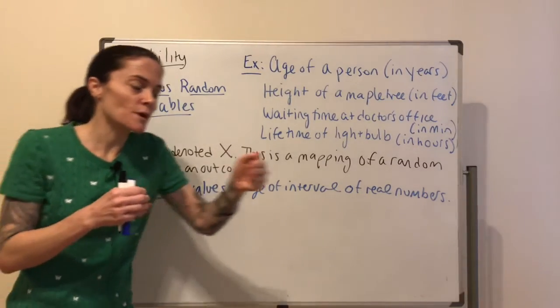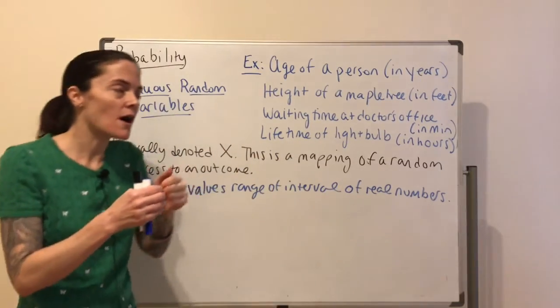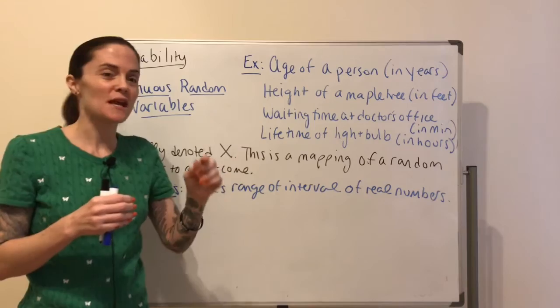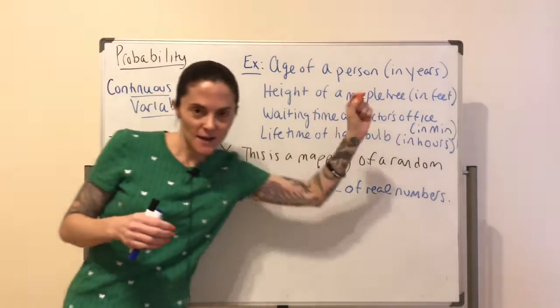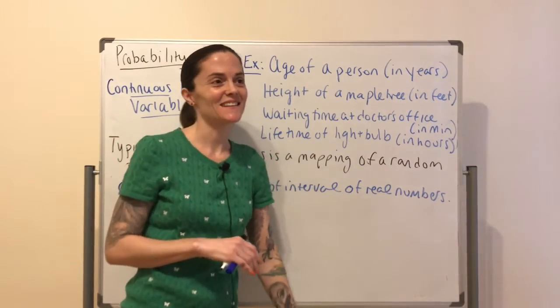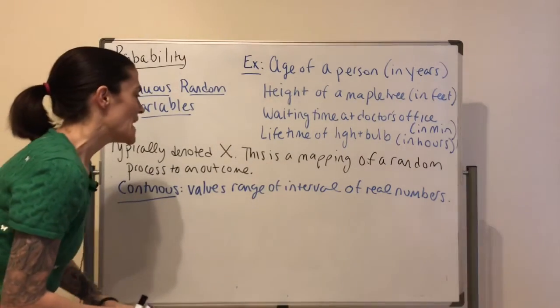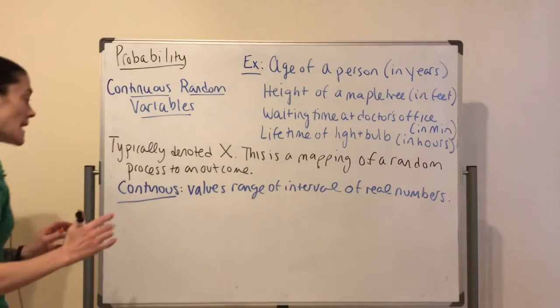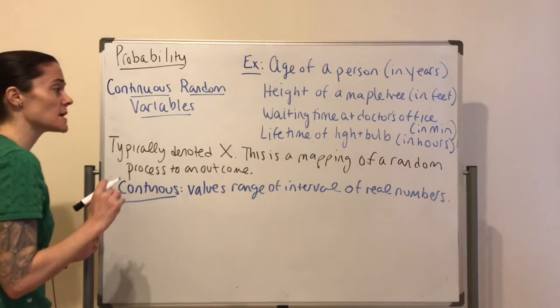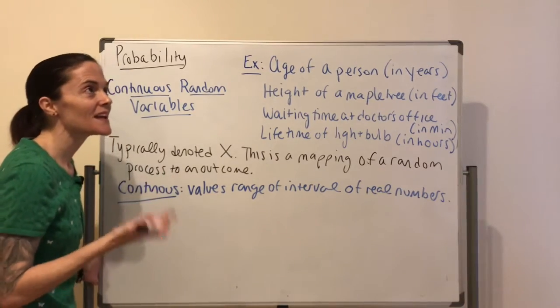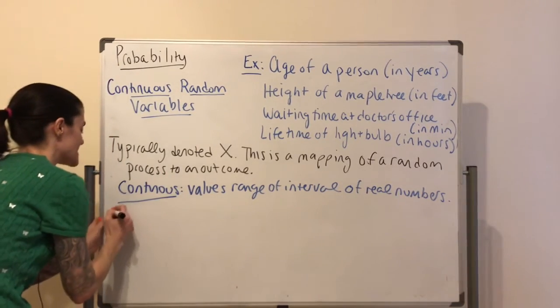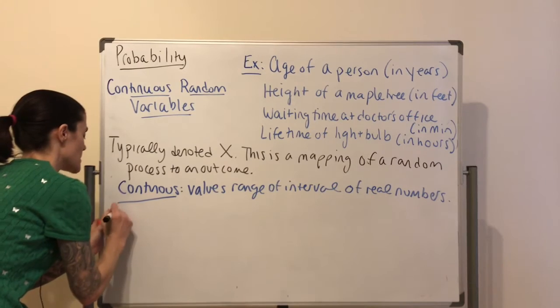So your age is really over an interval of real numbers. I would be 40 point and then a big decimal, for example.